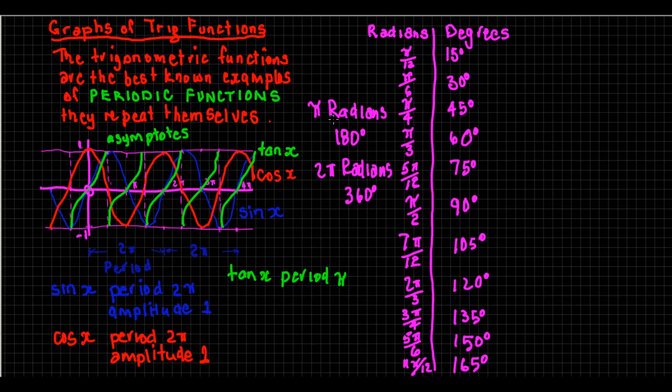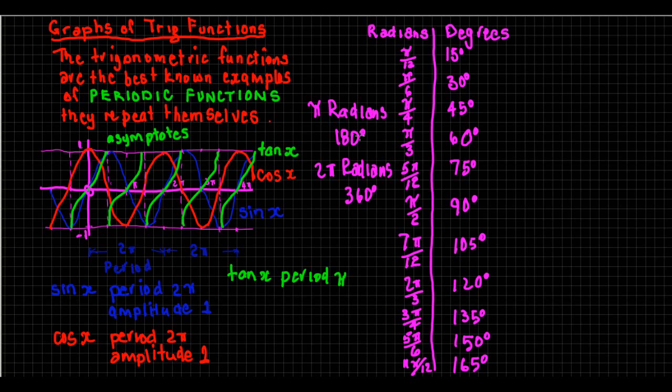Now when we talk about pi radians, that's the equivalent of 180 degrees. 2 pi radians, 360 degrees. This is just another way of measuring angles. And I've shown here a little table showing the relationship between pi radians and degrees.